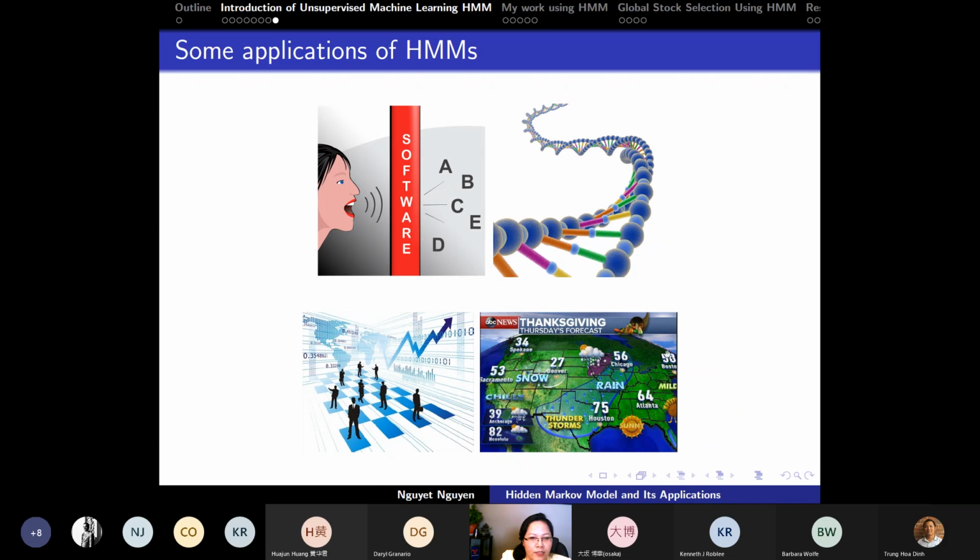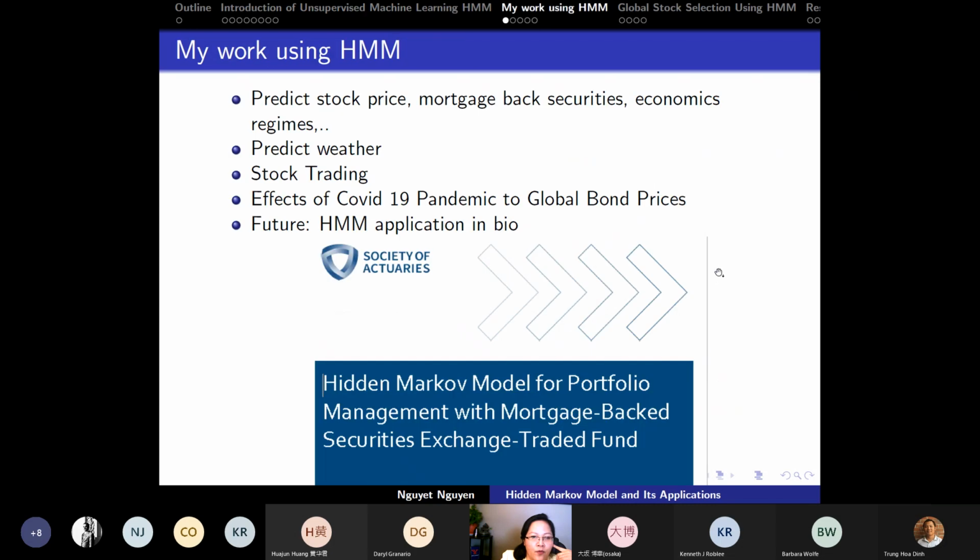And now I expand my work to weather forecasting. In the future, I want to apply this model in bio. This area requires a lot of background that is not my background, so this is my dream, but I don't know if I can do it or not.